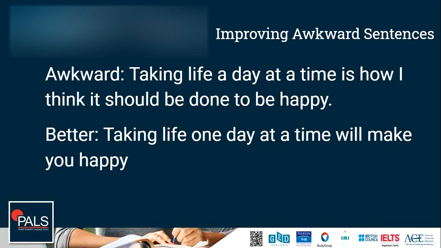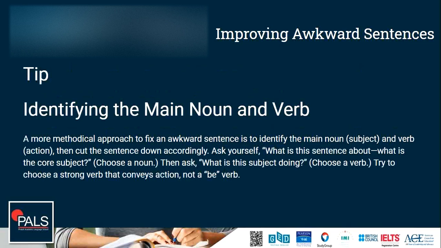Here's an awkward sentence: Taking life a day at a time is how I think it should be done to be happy. Why do you need a lot of words just to say that? I can make it simple by just saying, taking life one day at a time will make you happy. Simple as that.